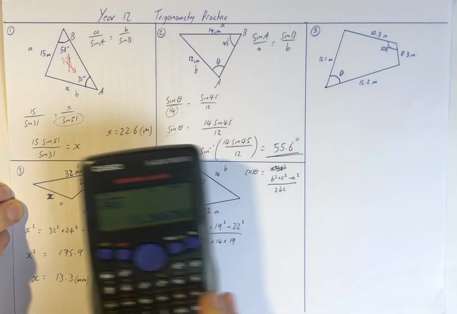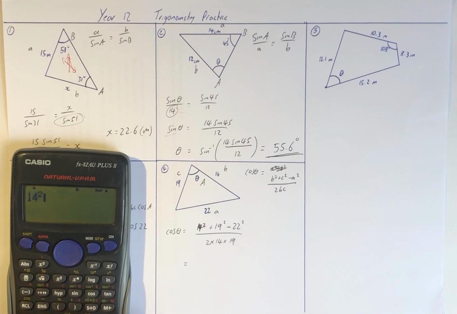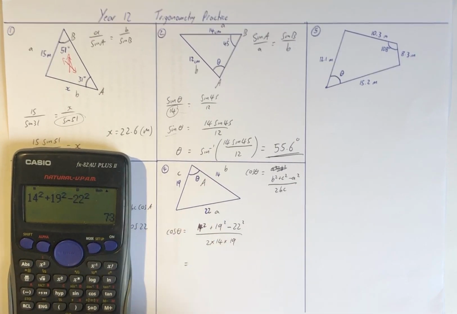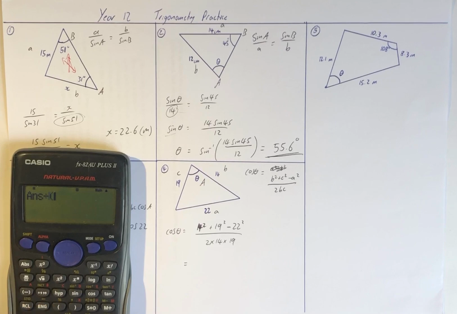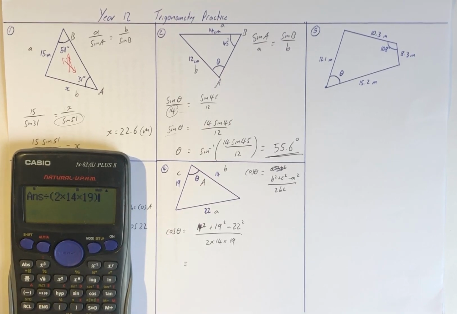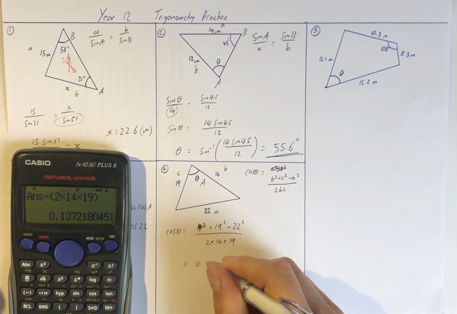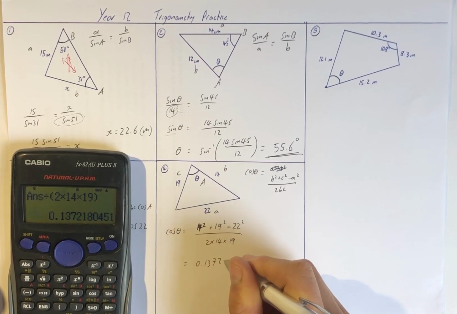So cosine theta looks like this. 14 squared plus 19 squared minus 22 squared. That's on top. Now we divide by 2 times 14 times 19. And we get 0.137218.